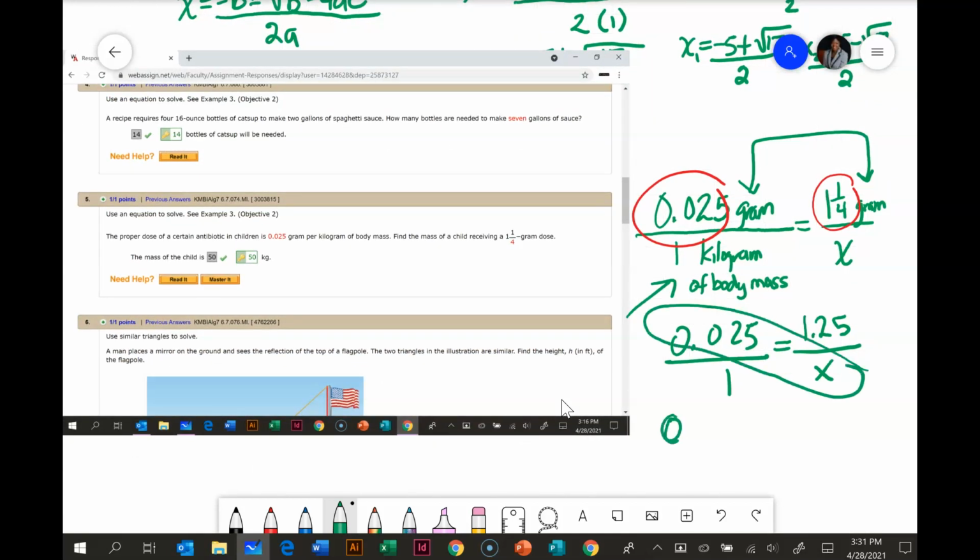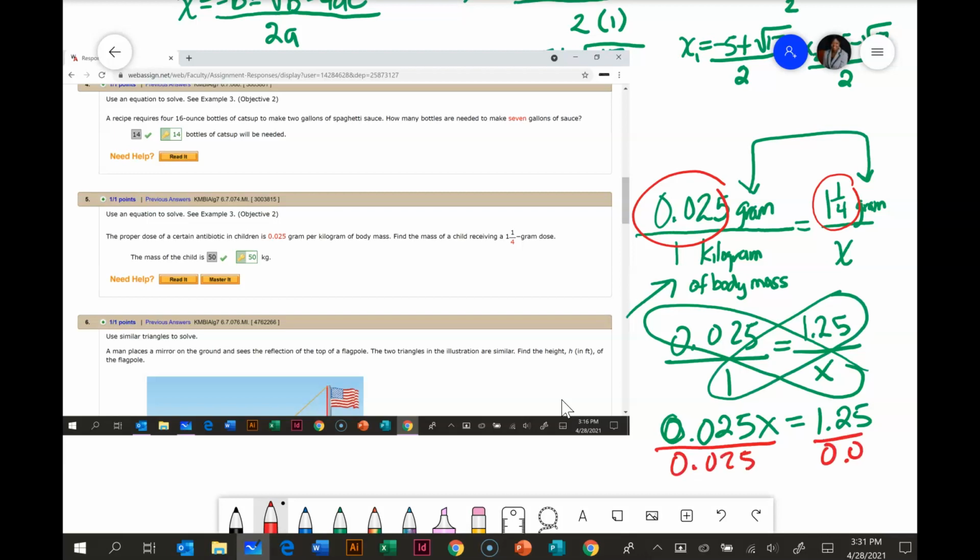That's 0.025x equals 1.25 times 1, which is 1.25. We're just going to divide by 0.025. That cancels. And when you divide that, you get x equals 50.